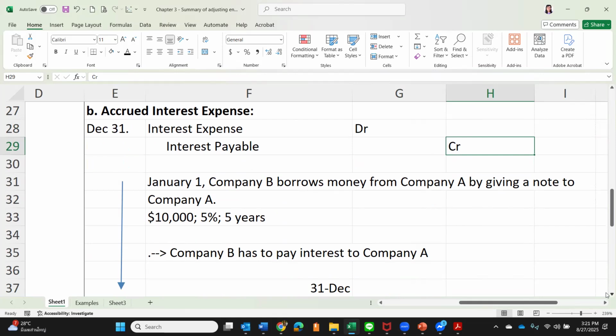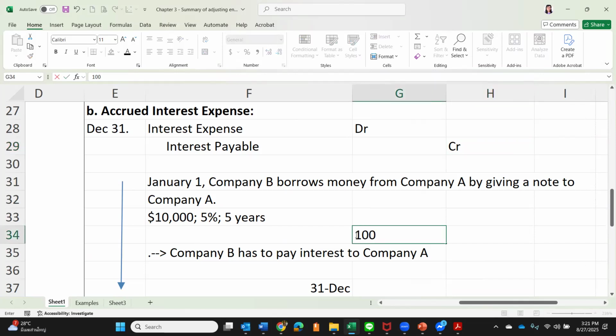So on December 31, 1 year already happened. So company B will owe the interest to company A for 1 year. So interest expense is incurred, but company B has not paid money yet to company A. So we will have accrual interest expense, right? Let's calculate the interest for 1 year.